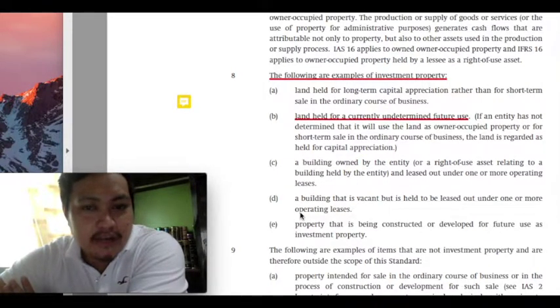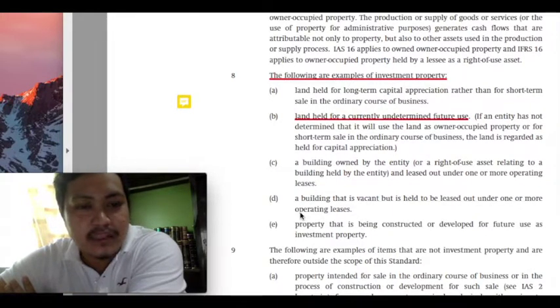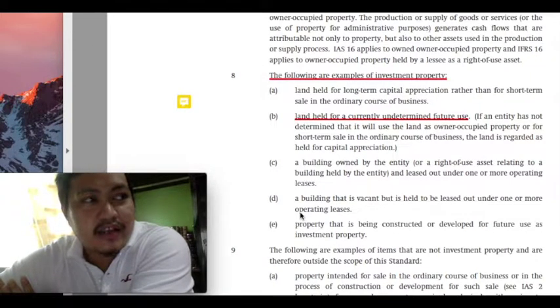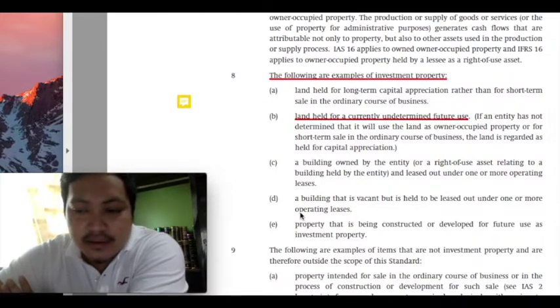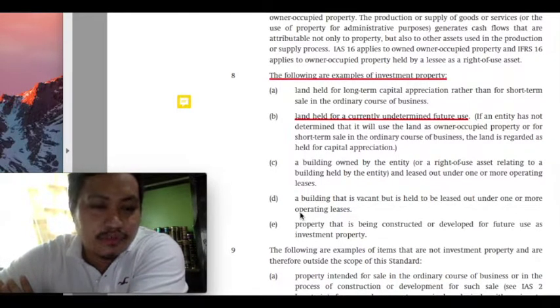Okay, and in most cases, the lease payments in a finance lease would be significantly larger, because in reality, the payments that are being made here are not just for rentals but also for the acquisition of the asset. You are both paying rent and installment payments to acquire the asset. So it's being labeled as a lease, but in reality, it is already a form of acquisition or purchase of the asset.